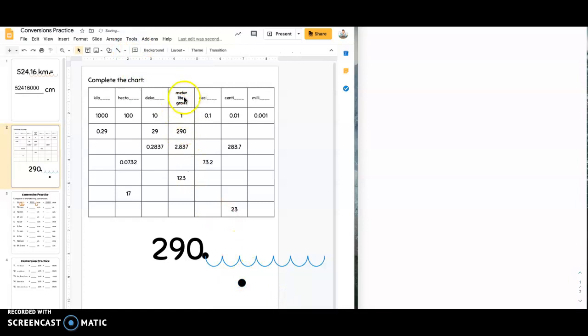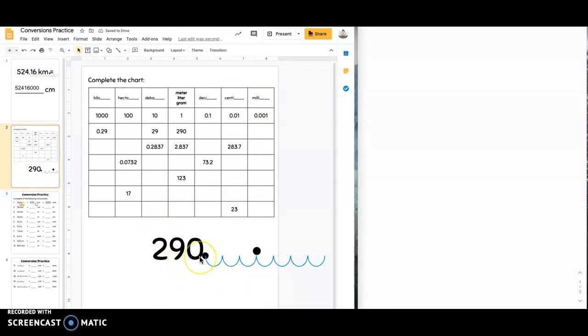So if we are going from base unit to hecto, or we're going to go this way since I already put this on the right side, and we're going to go this way from the right side. So we're going to go from our base unit to deci, then we are only moving it 1 over. Okay, and then you're going to fill in a 0 there. If I'm going to centi, I need to go 2. Right? 1, 2. If I'm going milli, I'm going to go over 1 more.